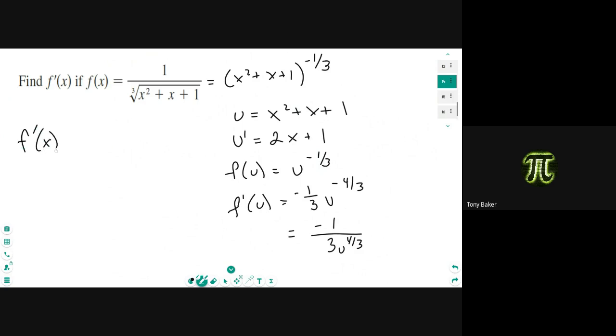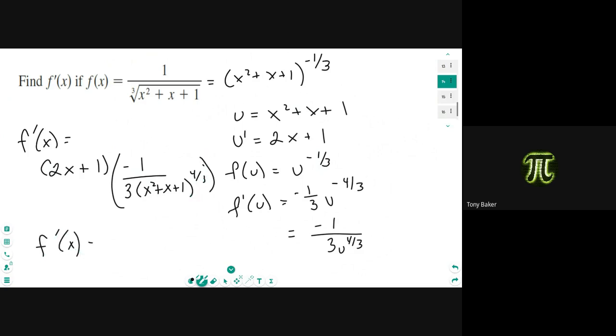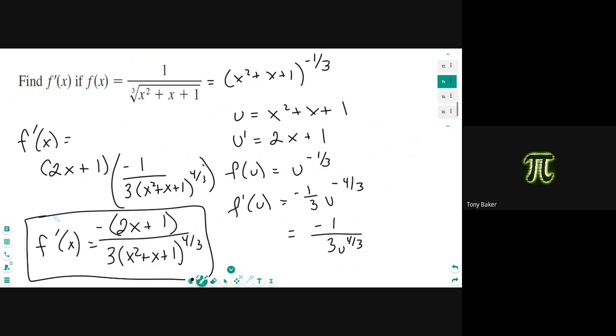So f prime of x is 2x plus 1 times negative 1 over 3 times x squared plus x plus 1 to the 4/3. So I've got 2x plus 1, negative over 3 times x squared plus x plus 1 to the 4/3. So good.